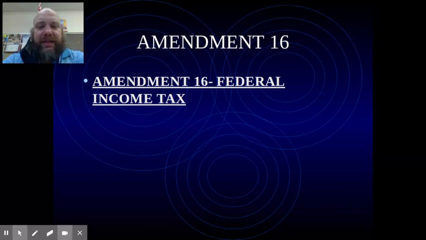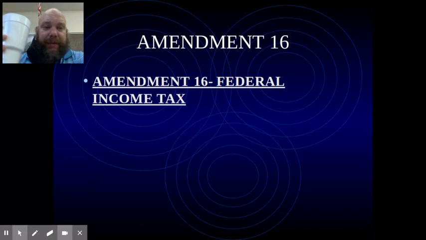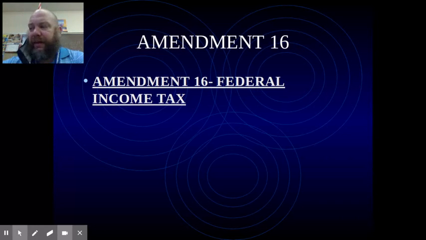The 16th Amendment, which should be on your amendment sheet, which is separate from your notes, is federal income tax. States could tax before, but now the federal government can. We pay the United States government taxes every year, and they spend that on services, whether that is post offices, highways, roads, or providing food and shelter to people who need it.